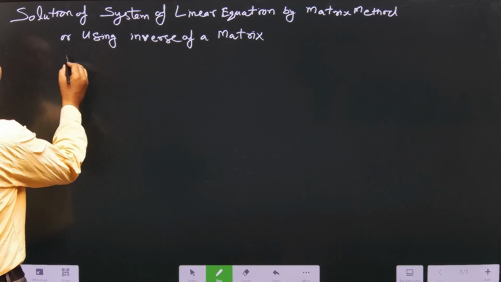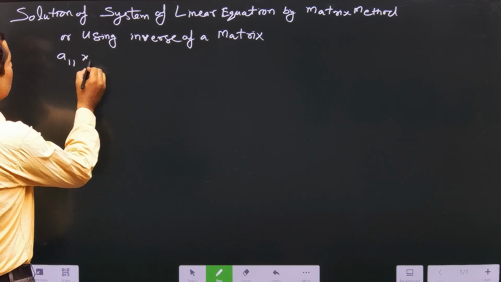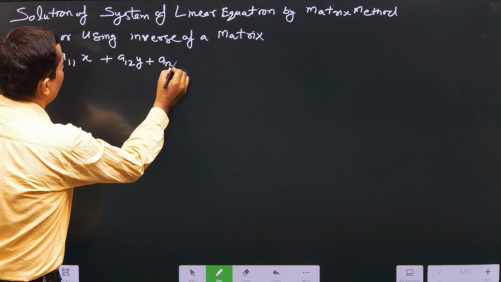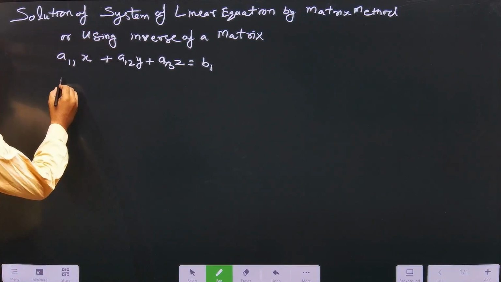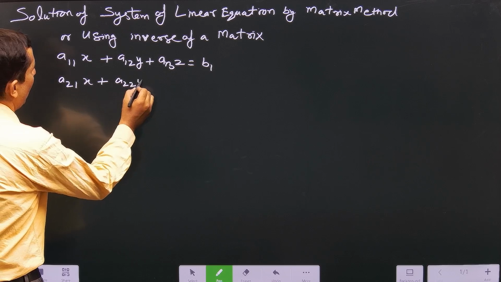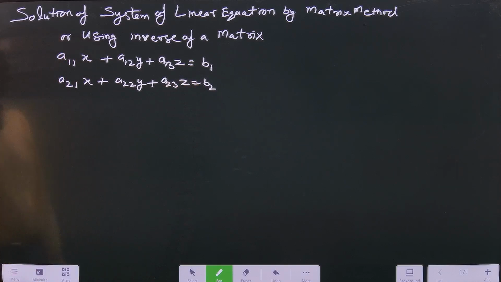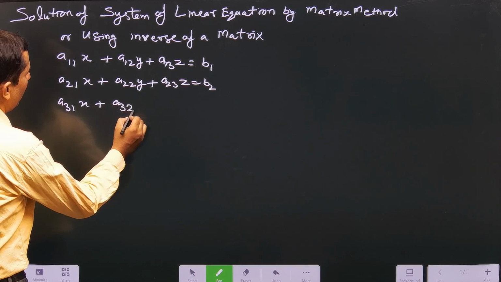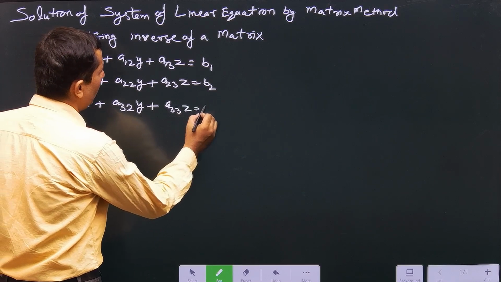The system of linear equations can be written down in this way. If the order is 3 by 3, then you write a11x plus a12y plus a13z is equal to b1, a21x plus a22y plus a23z is equal to b2, and a31x plus a32y plus a33z is equal to b3.